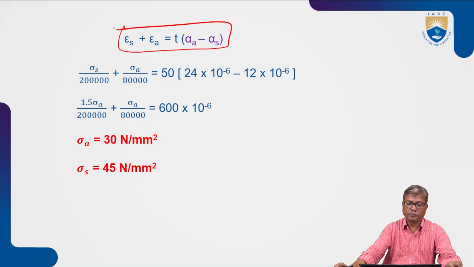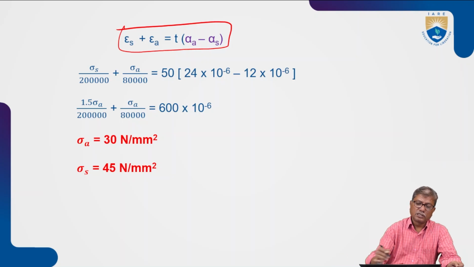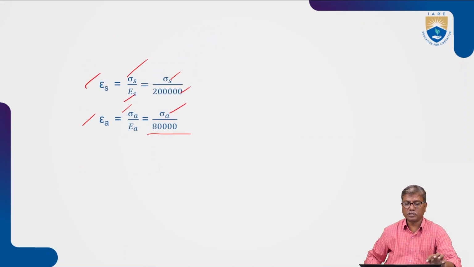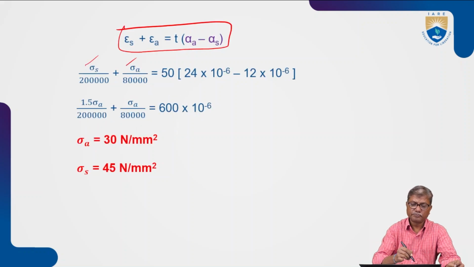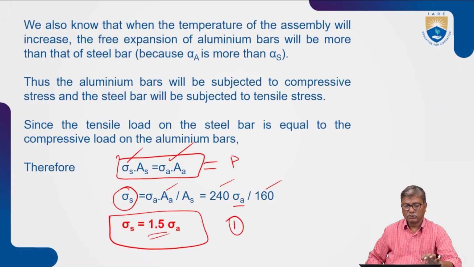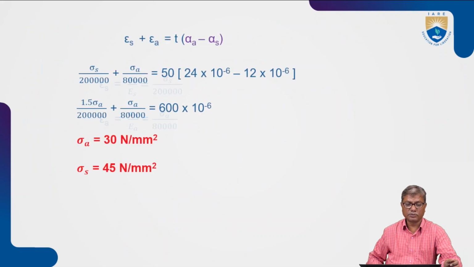Epsilon S plus epsilon A, strain in steel plus strain in aluminum, is equal to T into alpha A minus alpha S, and epsilon S in terms of sigma stress we substitute. Okay, that means these two values we substitute here. So already we know sigma S is 1.5 times sigma A. Okay, here we have found one relation between these two. That relation we will substitute here.